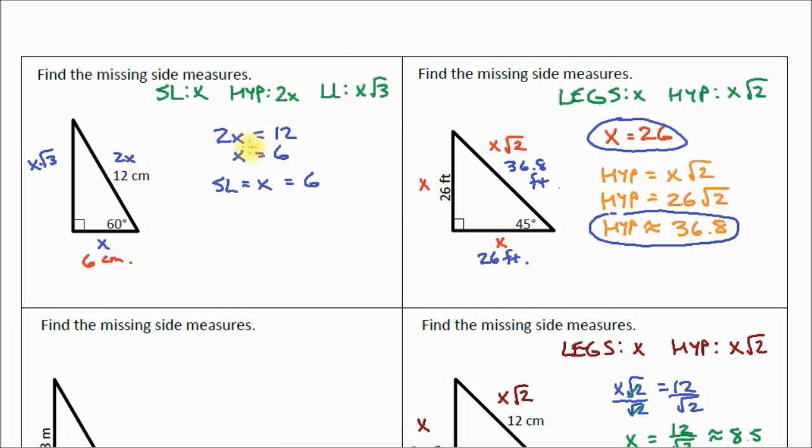Now our long leg, I'll put this in a different color so you can see it. Our long leg is equal to x times the square root of 3. Well, we know what x is now. x is 6. So the long leg is 6 times the square root of 3. Let's put that in our calculator.